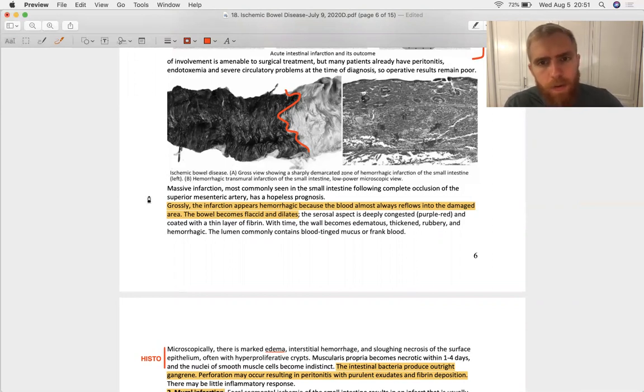And if you were to look through a microscope, you would see a lot of fluid edema. So all of these white cracks, they look like cracks in the tissue. That's fluid edema, because fluid's investing within the layers of this gut wall and causing expansion in between sheets of cells, essentially.